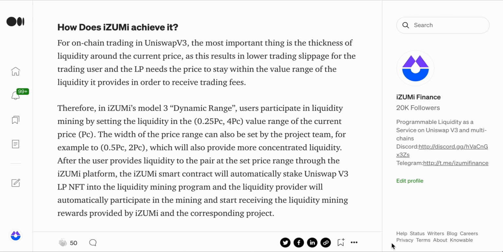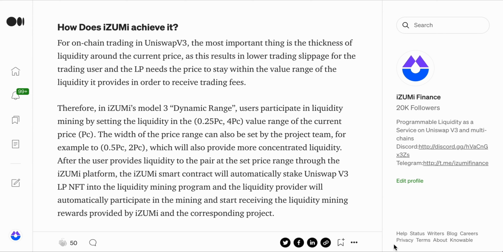The Izumi platform automatically helps users set the volume range that matches the liquidity mining programs based on the current token price, and provides the corresponding trading pairs equivalent 1-to-1 to the Uniswap v3 liquidity pool.